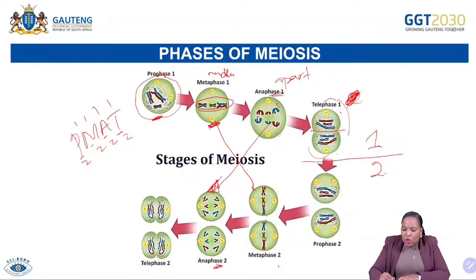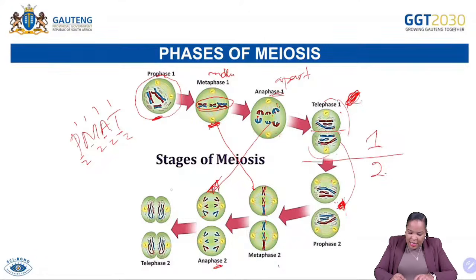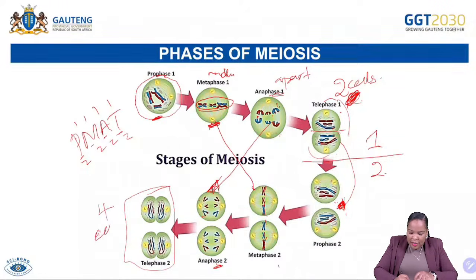So when you go to 2, the previous cells that you had are the ones that are going to further undergo this division until you find that at telophase 2 you end up with 4 cells or sex cells, which we call gametes.